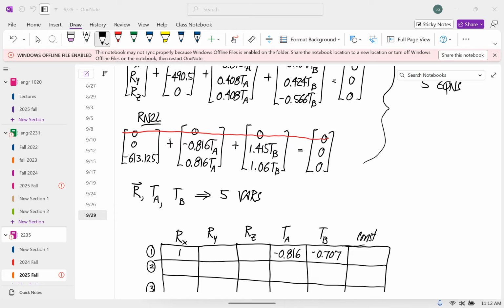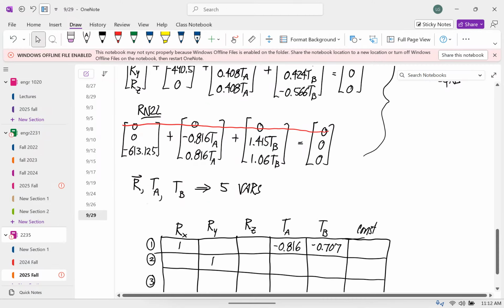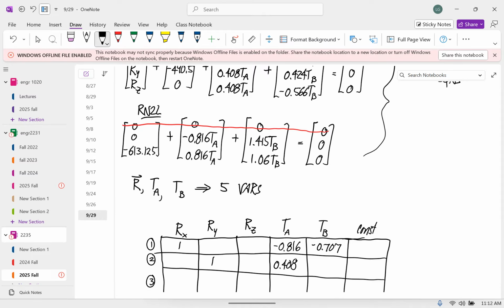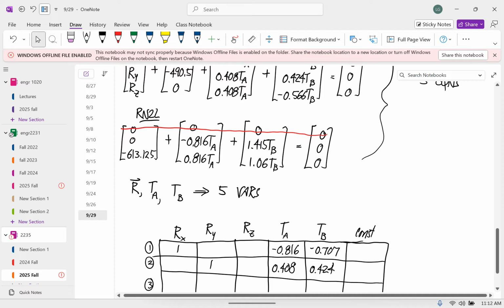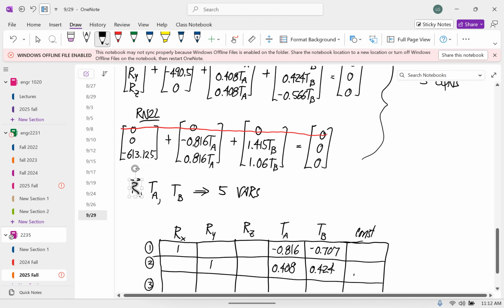Ry's we have 1. Skip the constant for now. We're going to put that on the other side of the equation. TAs we have 0.408. TBs we have 0.424. The constant, if you put it on the other side of the equation, that's positive 490.5.